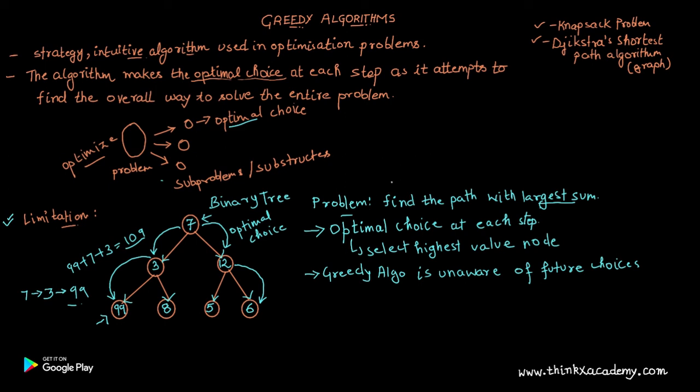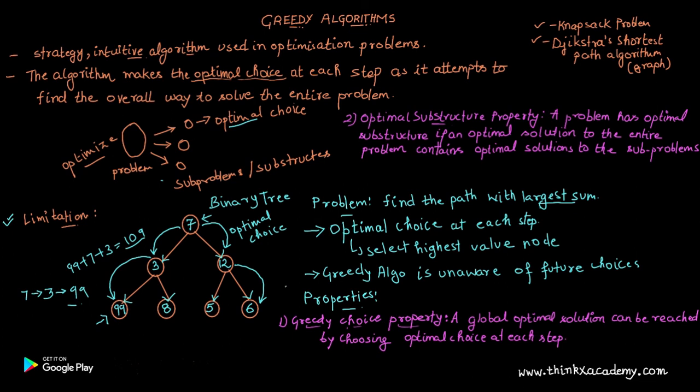So I'm going to write here some of the properties, so that when these properties are true, you are going to select the greedy algorithm. So I'm going to write two properties here, and if a problem is following these two properties, then only you can use the greedy algorithm to solve that problem. So the first property is the greedy choice property.